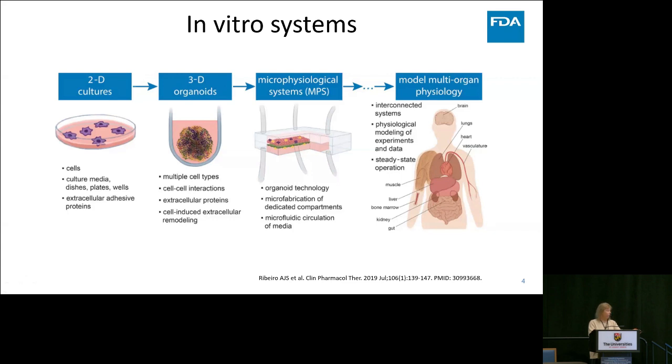This paper that's referenced is from a former colleague from my division who worked exclusively on microphysiological systems. So you can start out with organoids, which can have multiple cell types. It is cultured, but you actually have multiple cells in there, so you're not looking just at an immune cell or just at a hepatocyte.